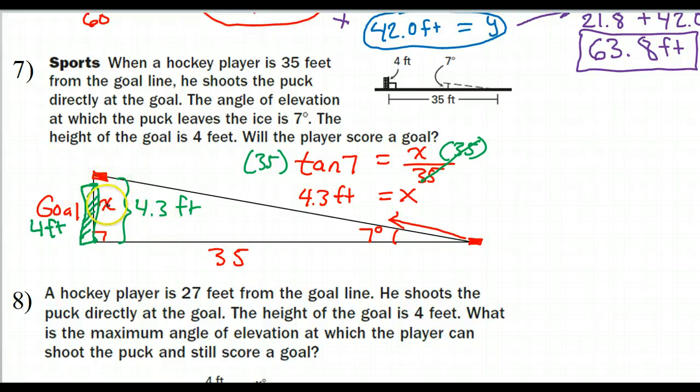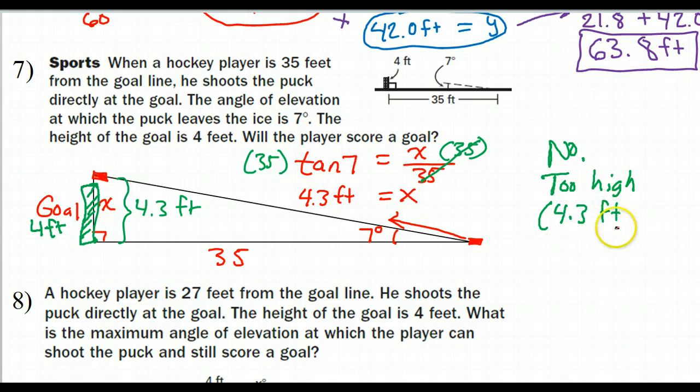So the puck is going to go over the top of the goal. So will the player score a goal? Nope. Too high. Okay, 4.3 feet versus 4 feet.